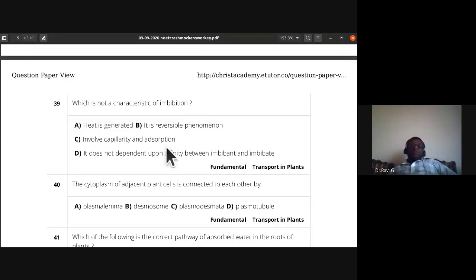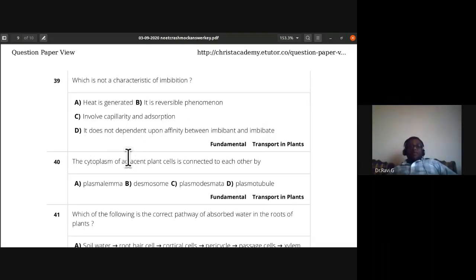Heat is generated, it is a reversible phenomenon, involves capillarity and adsorption, it does not depend upon affinity between imbibant and imbibate. So which is not a characteristic feature of imbibition?